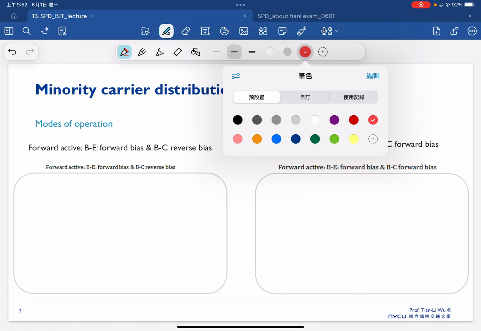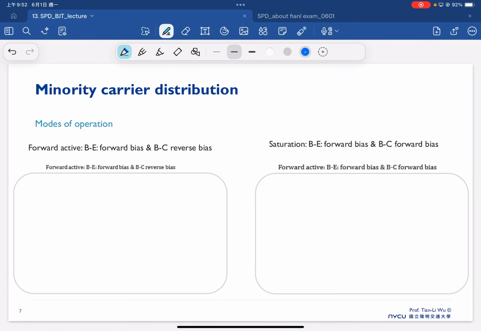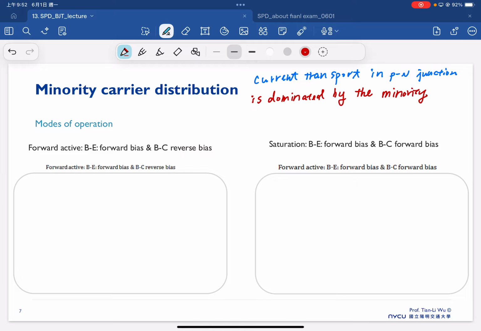If you still remember, the main conclusion we derived for the PN junction is that the current transport in the PN junction is dominated by the minority carriers. This is how, in the end, we get the current equation in the PN junction.